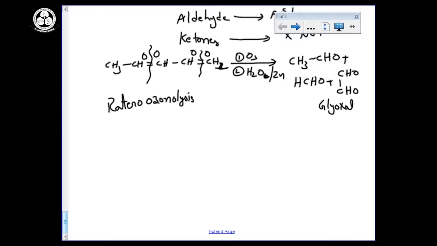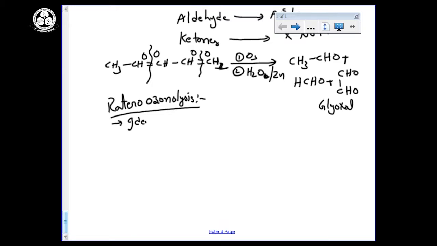So what is meant by retro-ozonolysis? Retro-ozonolysis means I will give the alkenes, I will give the aldehydes or ketones, some molecules. You want to find out from which alkene it will come. Identify the alkene for which ozonolysis products are given.